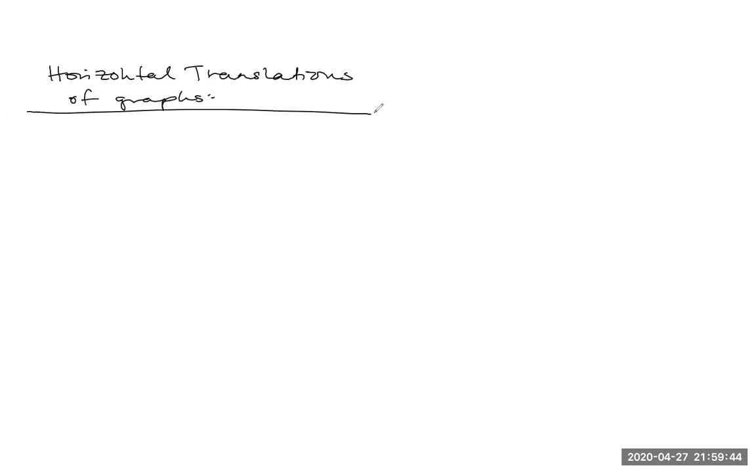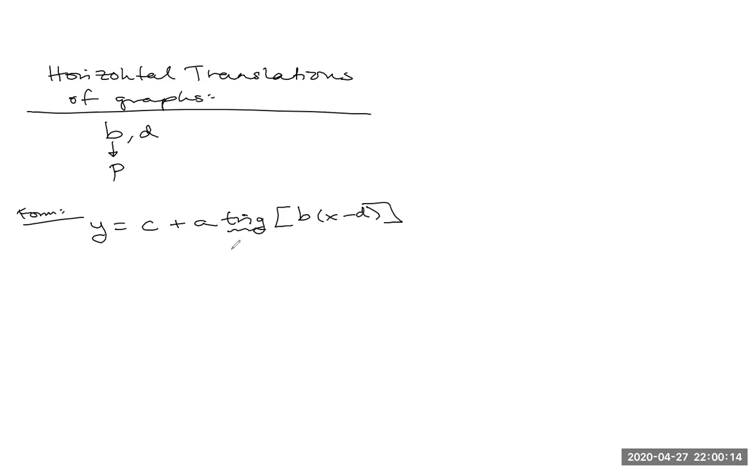So essentially, that's going to be B and D that wind up affecting your graph. And of course, from B, your period will also be affected. Remember, we're matching to y equals C plus A times your trig function with B times (X minus D) inside the argument of that trig function.